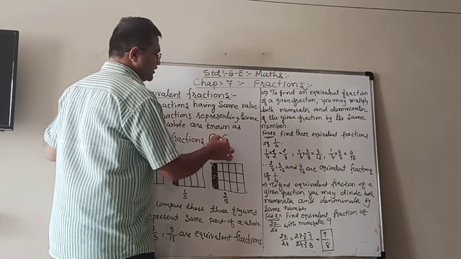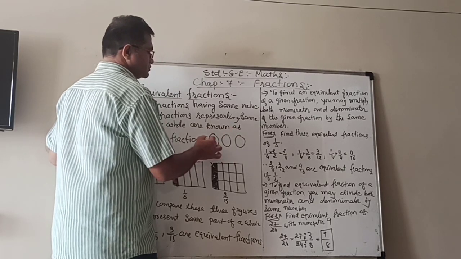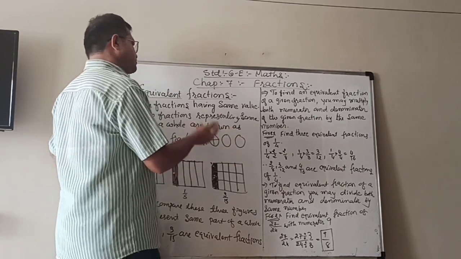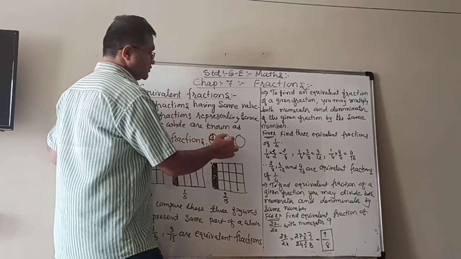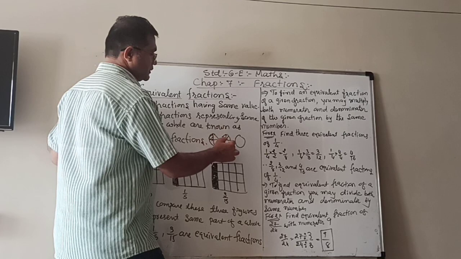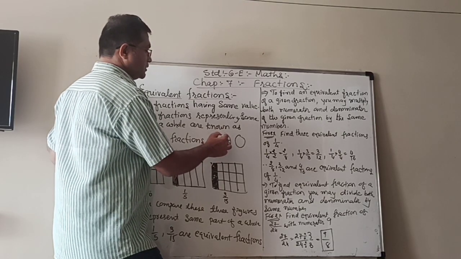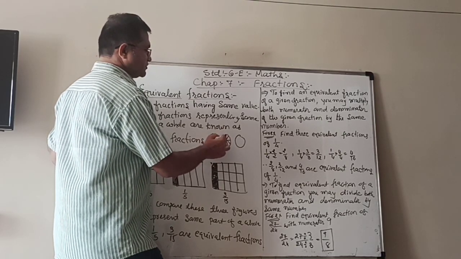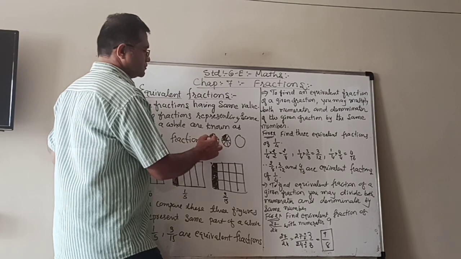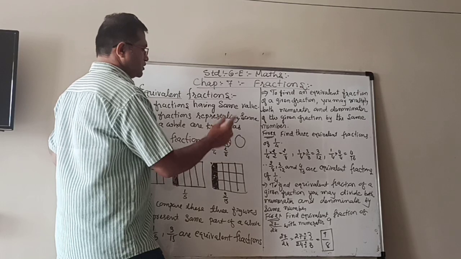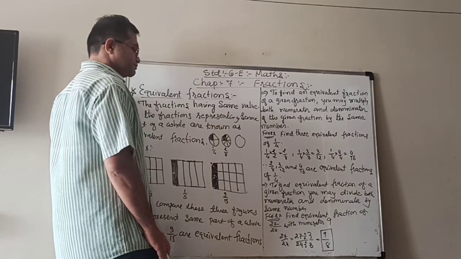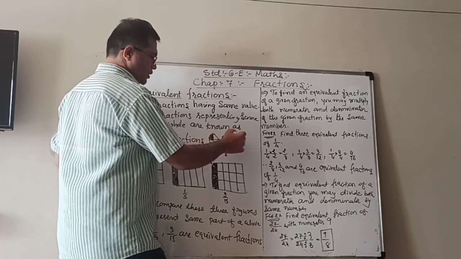You can take different examples also. Suppose you take this one and shade 1. Suppose you make 8 parts and shade 2 parts. So this is 1 upon 4. This is 2 out of 8.